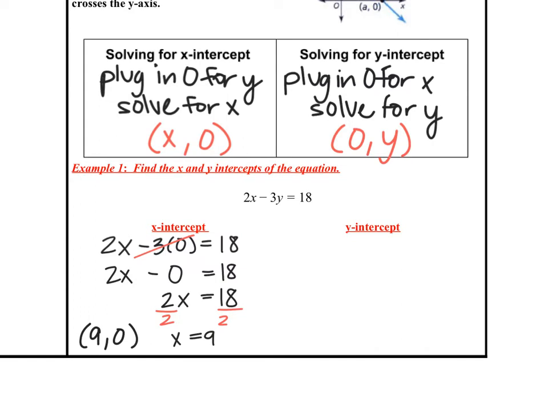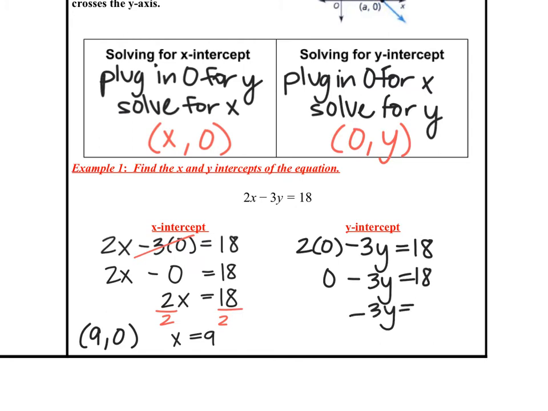Okay, do the y-intercept by plugging in 0 for x and solving for y. Remember, this 2 times 0 is 0. So that just goes away. And then I divide by -3.